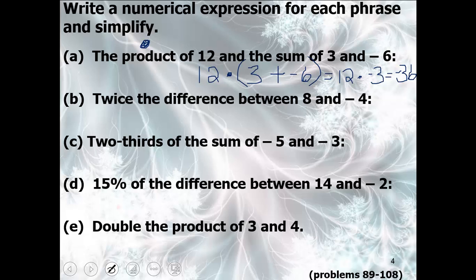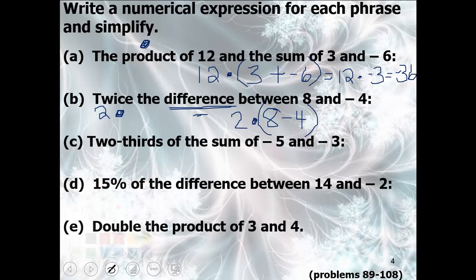Twice, that's 2 times the difference. Remember, the difference says I subtract in the order that I read them. So it's 2 times 8 minus 4. Twice the difference, so I have to put parentheses around it. So 8 minus a negative 4.